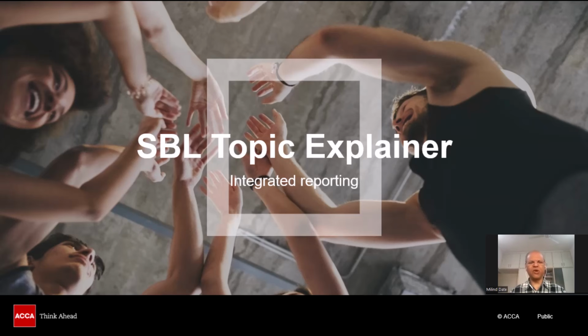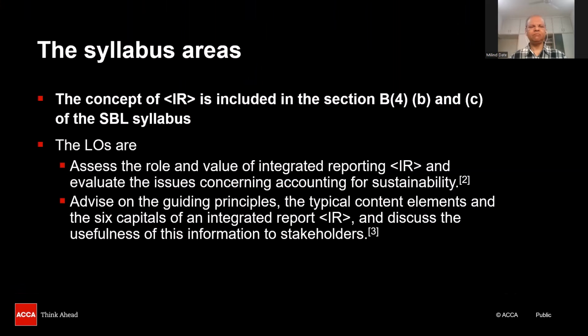Let us first look at how this topic is included in the syllabus of this paper. Well, the concept of integrated reporting is there in Section B of the syllabus.